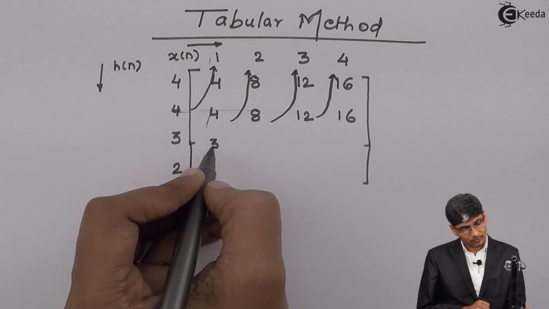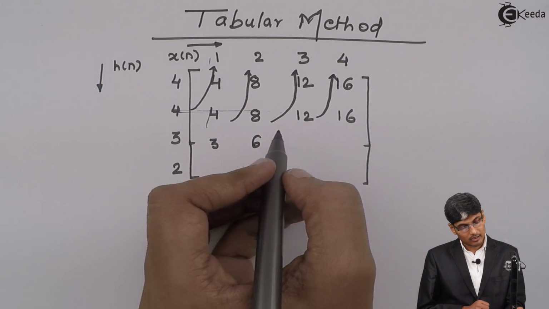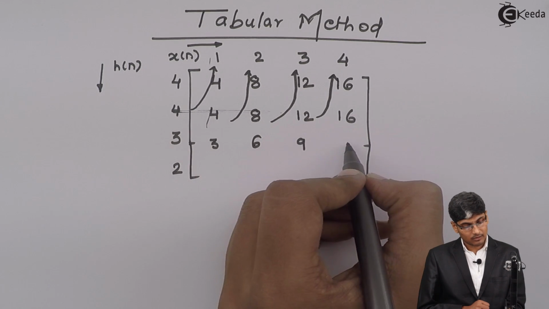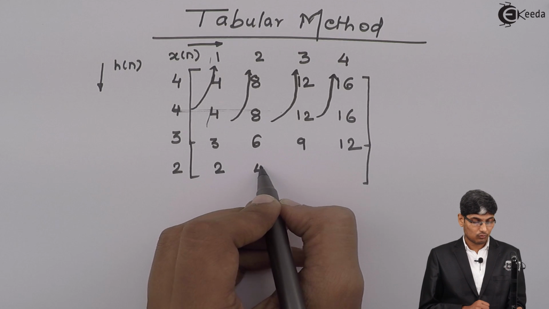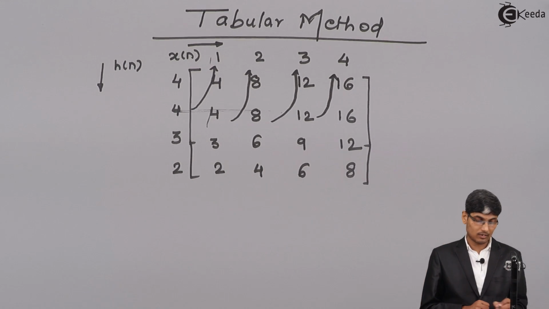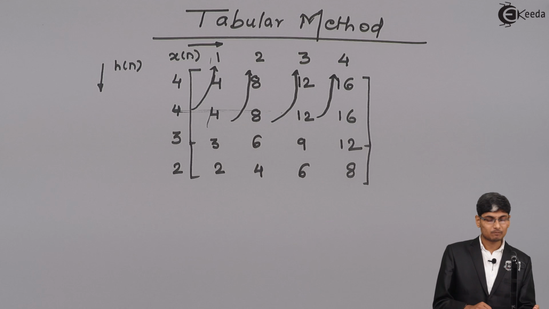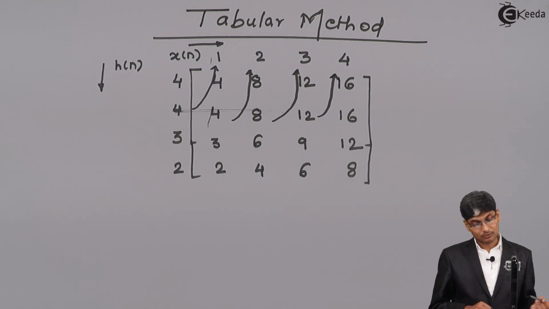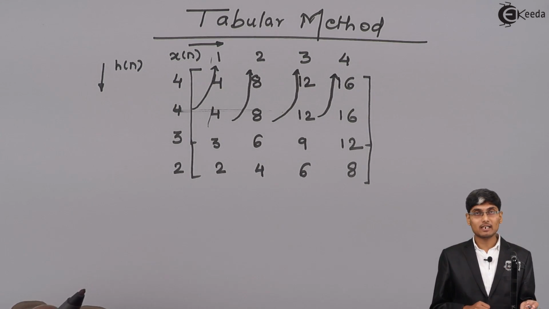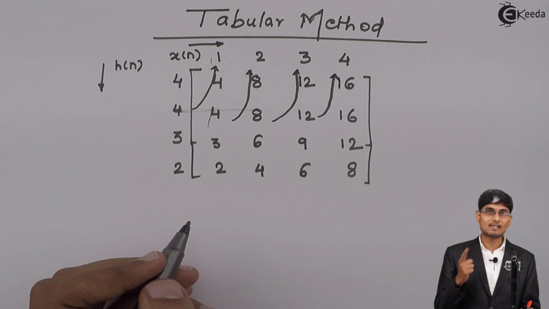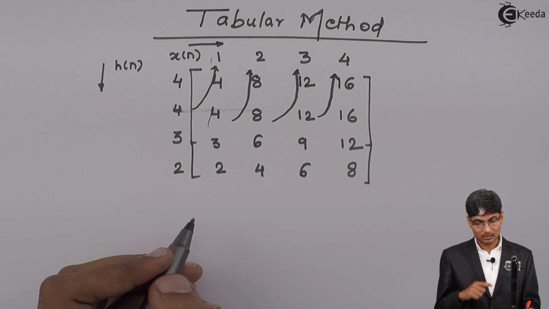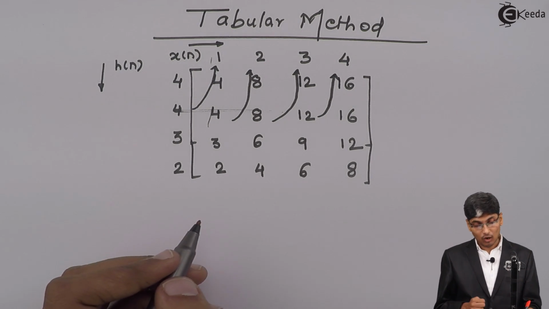So 3 1s are 3, 3 2s are 6, 3 3s are 9, 3 4s are 12, 2 1s are 2, 4, 6, 8. Okay. Now you have to add, because multiplication is done. We have seen that in convolution we are performing two basic operations. One is multiplication and one is addition. So multiplication is done. Now we have to go for addition.